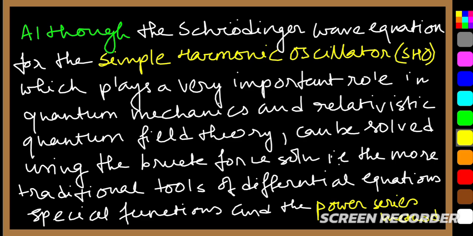So the Schrödinger wave equation for the simple harmonic oscillator plays a very important role in quantum mechanics and relativistic quantum field theory. You already know about quantum chemistry, so you have some concept of it. But the relativistic quantum field theory is another, higher-level quantum theory, and there also the simple harmonic oscillator has some influence, some effect.